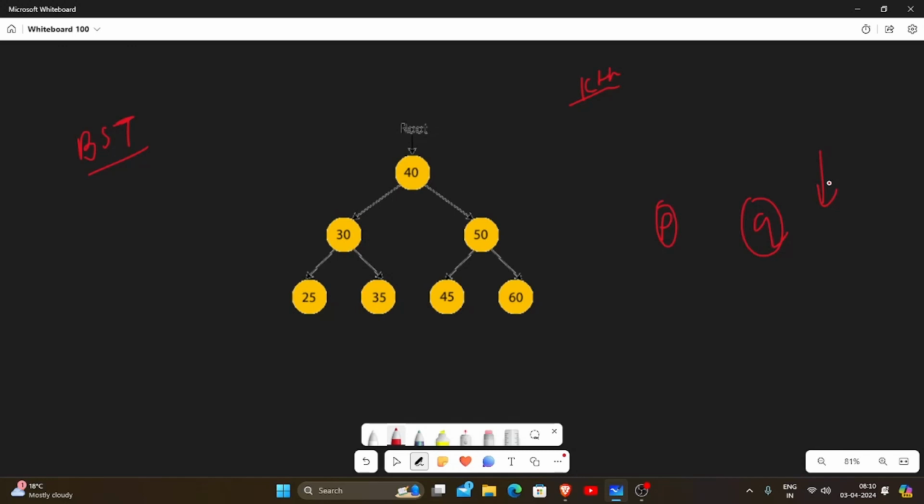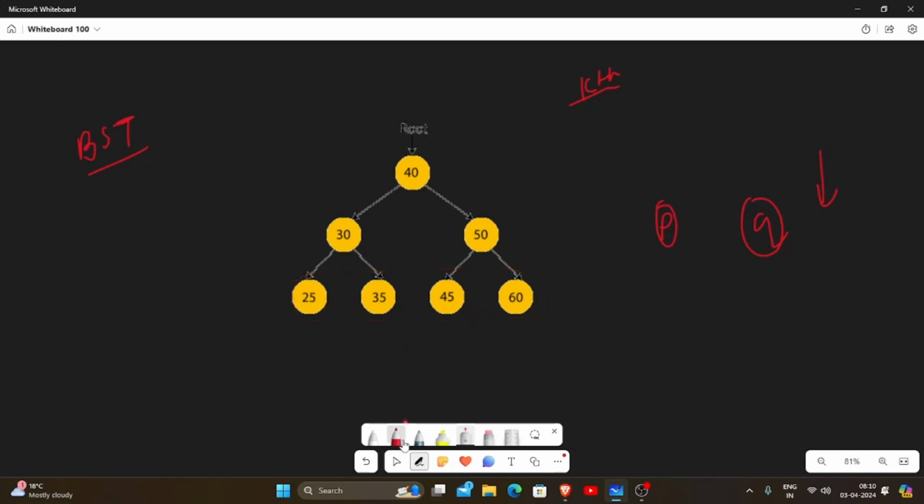Do you agree with this? If two nodes are descendants of some node, then that node is actually at a higher level than those nodes. So P and Q cannot reside on the same level as their ancestor. They can reside on the level above, but they cannot reside on the same level. Okay, this is clear.